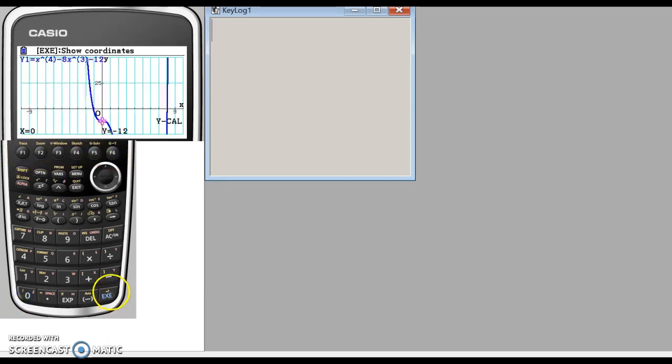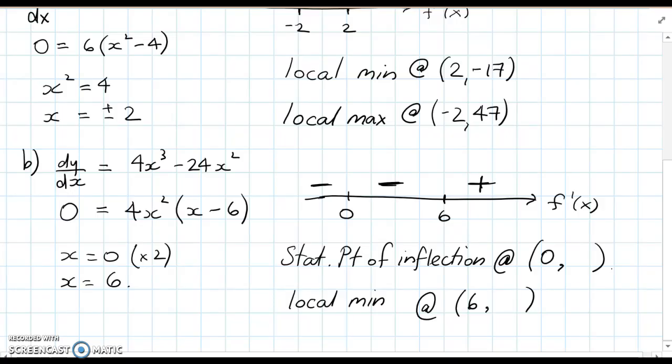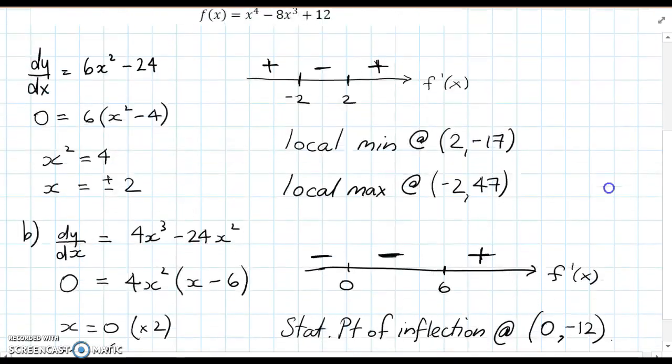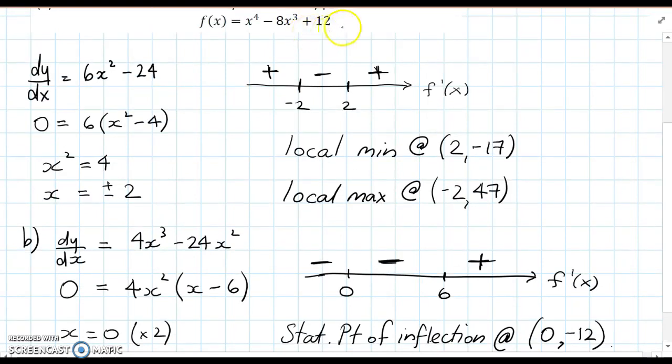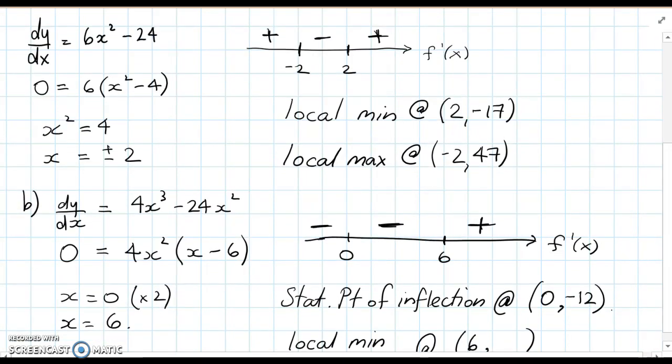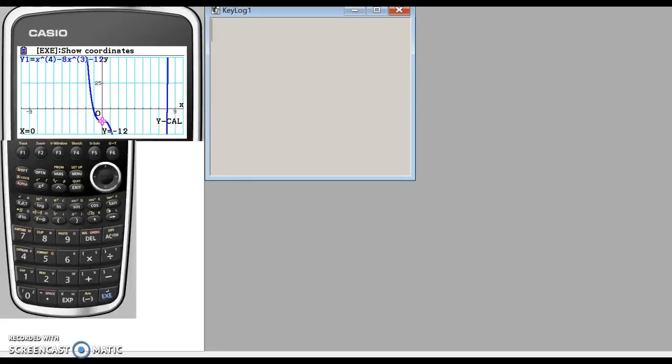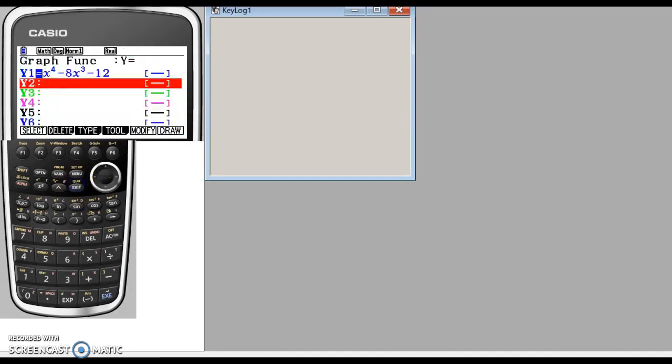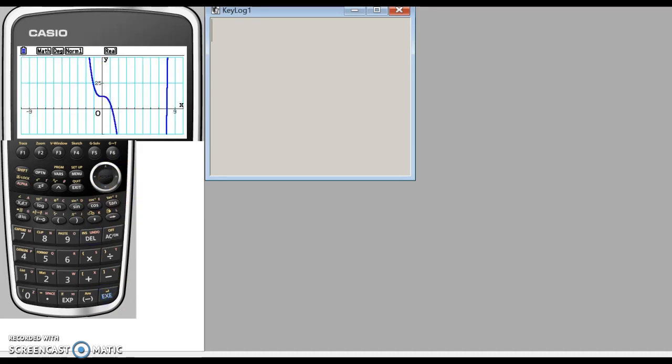X equals 0. Our y coordinate would be negative 12, which could have been easily seen from our result. Or we could type in our equation correctly, which would be plus 12. So you should now find that it is plus 12 there.